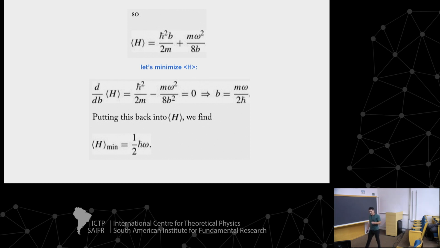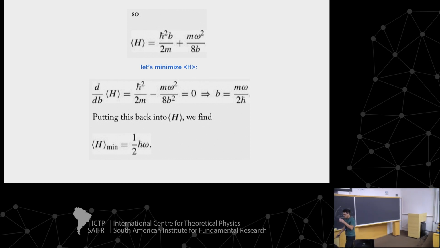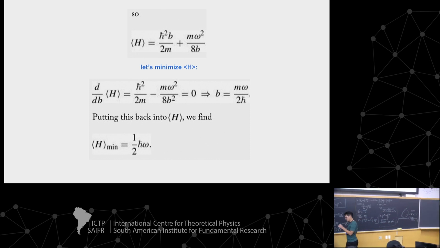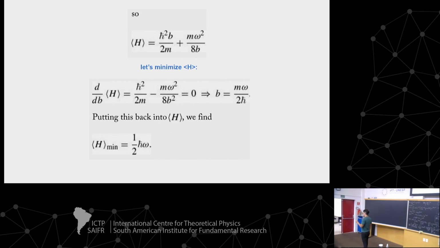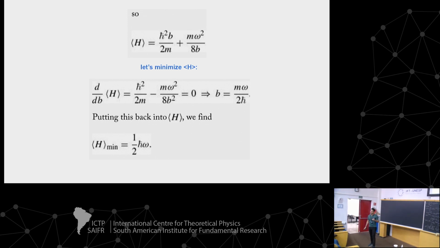So for me, when I was doing this exercise, I realized that this is the main idea of QAOA. So you parameterize, and this will give you at least a good upper bound for the ground state energy.